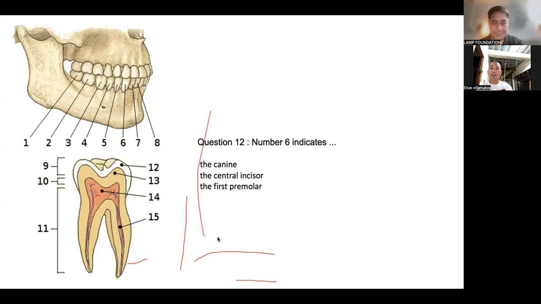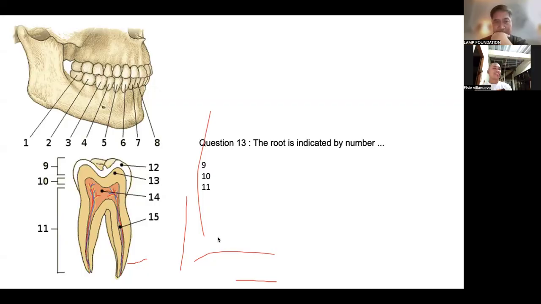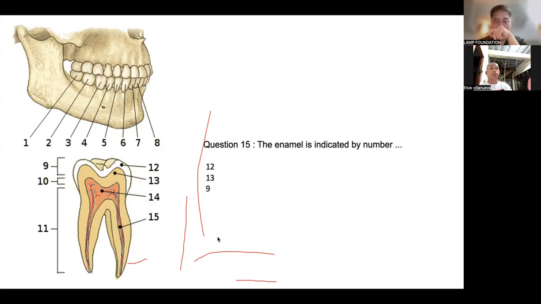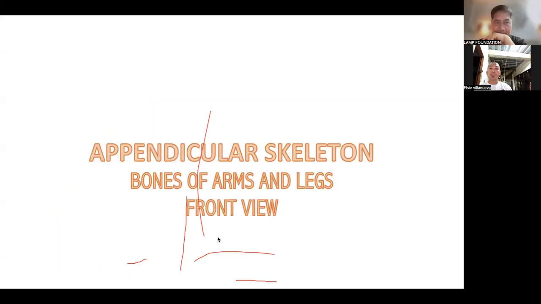The root. Canine. Root. It's number 11. Nerve and blood vessels. The pulp. Enamel. It's number 12.